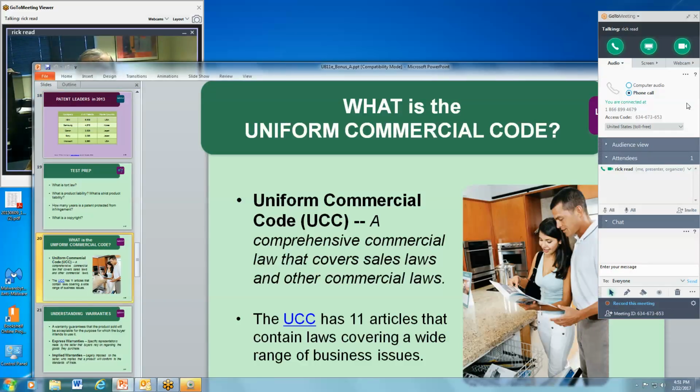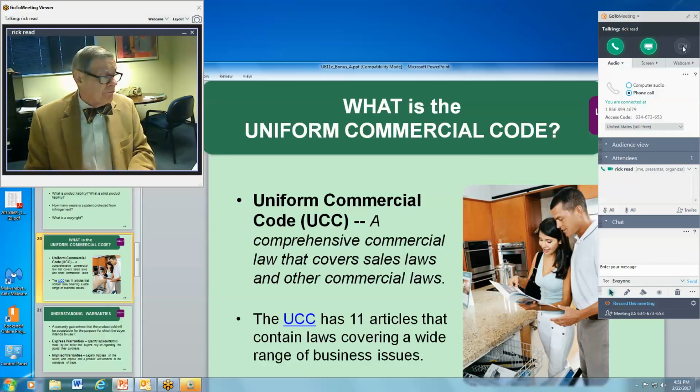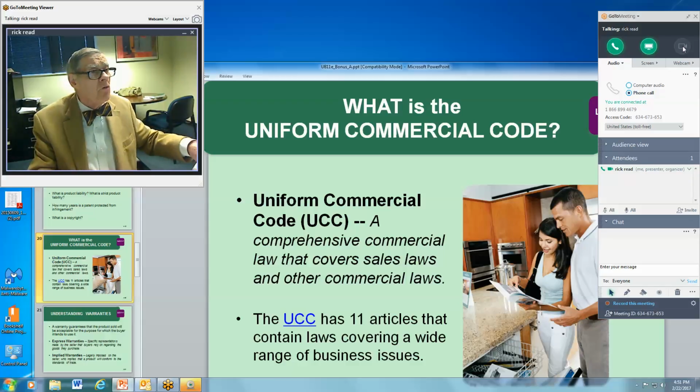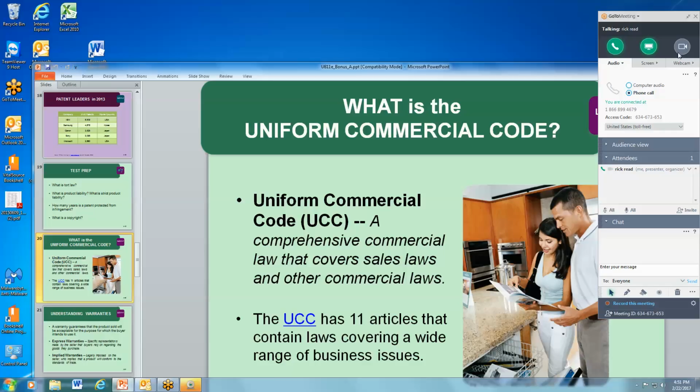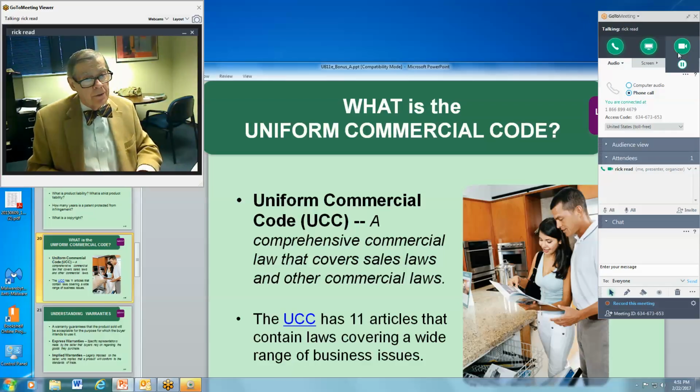Now, the next thing we're going to come to is the Uniform Commercial Code, UCC. I just want to stop here for a second and tell you the UCC is used in all 50 states except Louisiana. Louisiana still uses parts of Napoleonic Code.